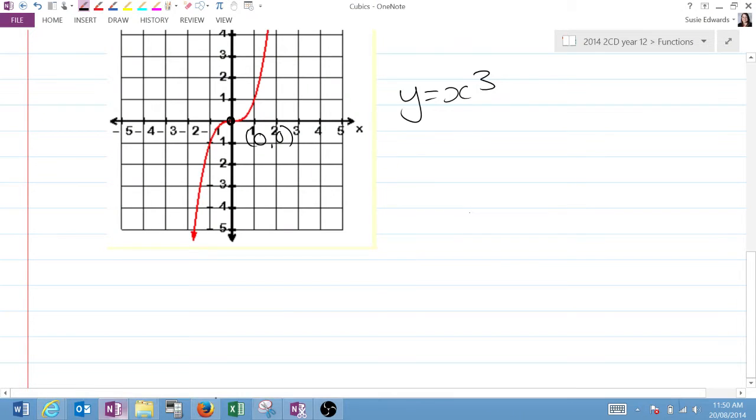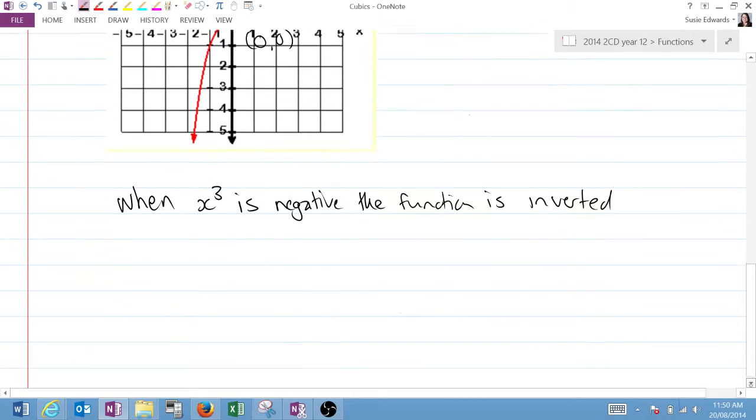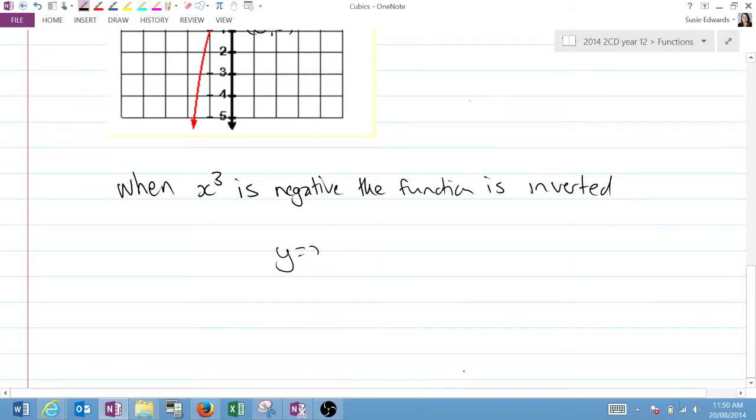So, can you write something like this down, please? When x cubed is negative, the function is inverted. So for example, y equals x cubed goes to looking more like this, in that direction.